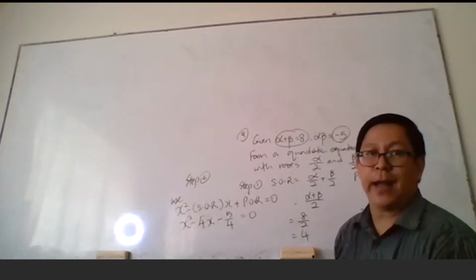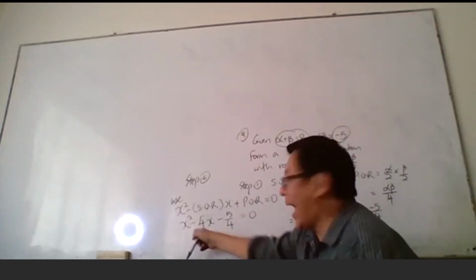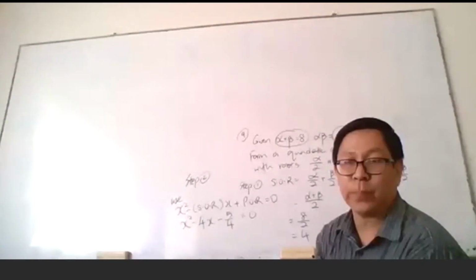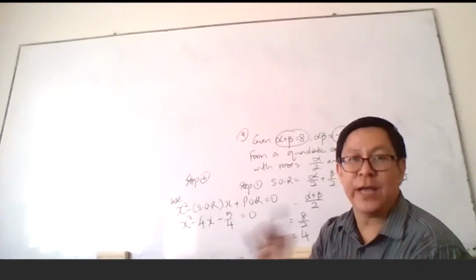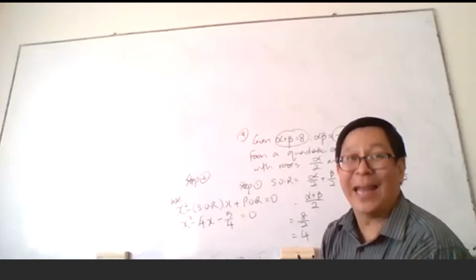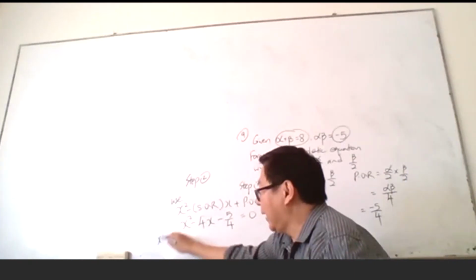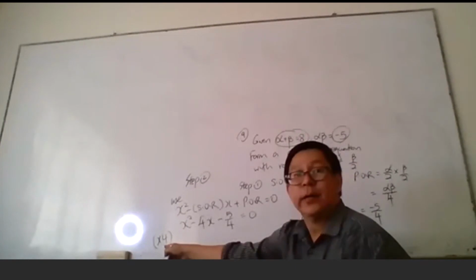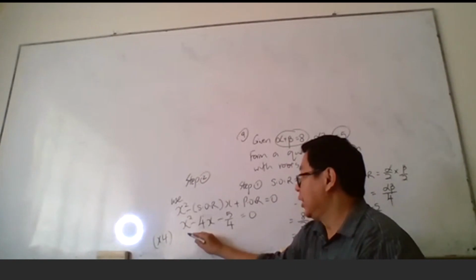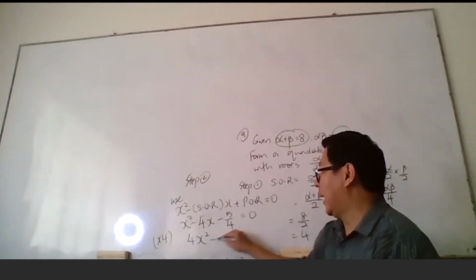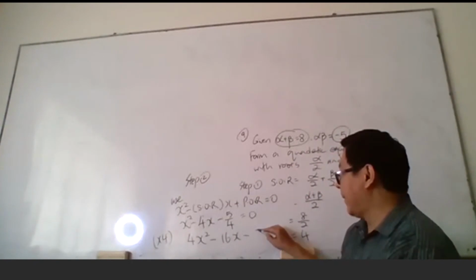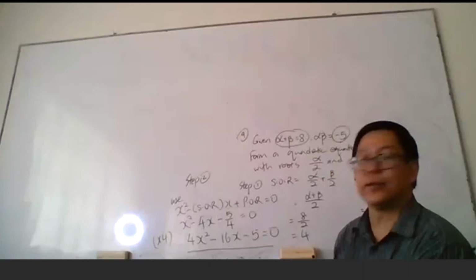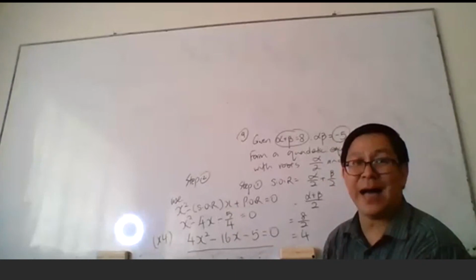And I want to tell you that we cannot leave the answer like that. We must change it to the general form. In the general form, we do not involve any fractions at all. So you can just multiply by 4, so that you get 4x squared minus 16x minus 5 equal to 0. And this is your final answer.